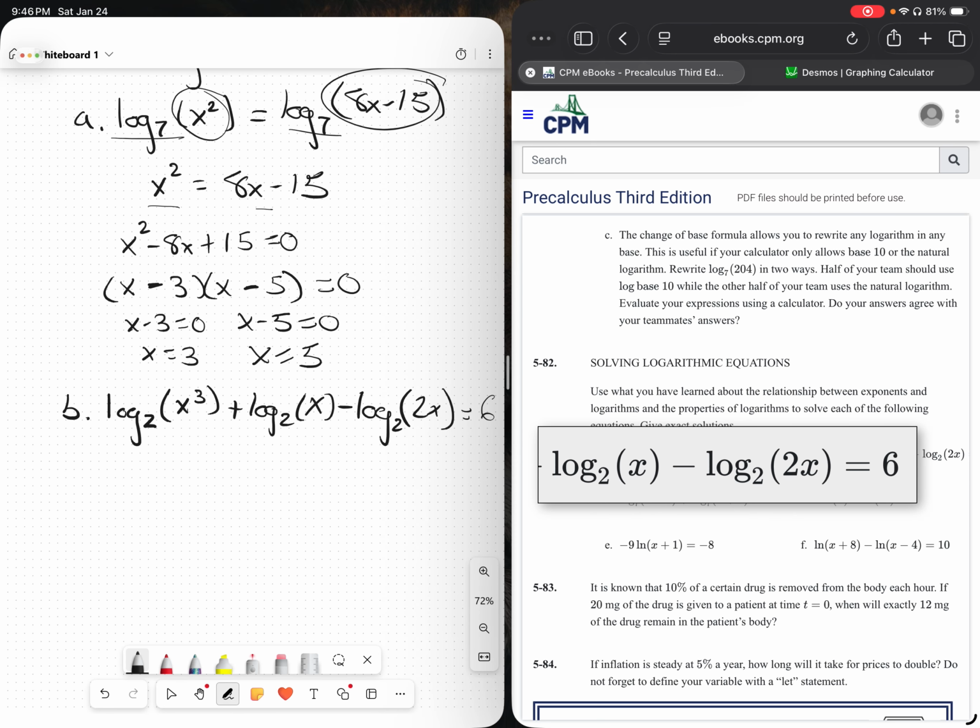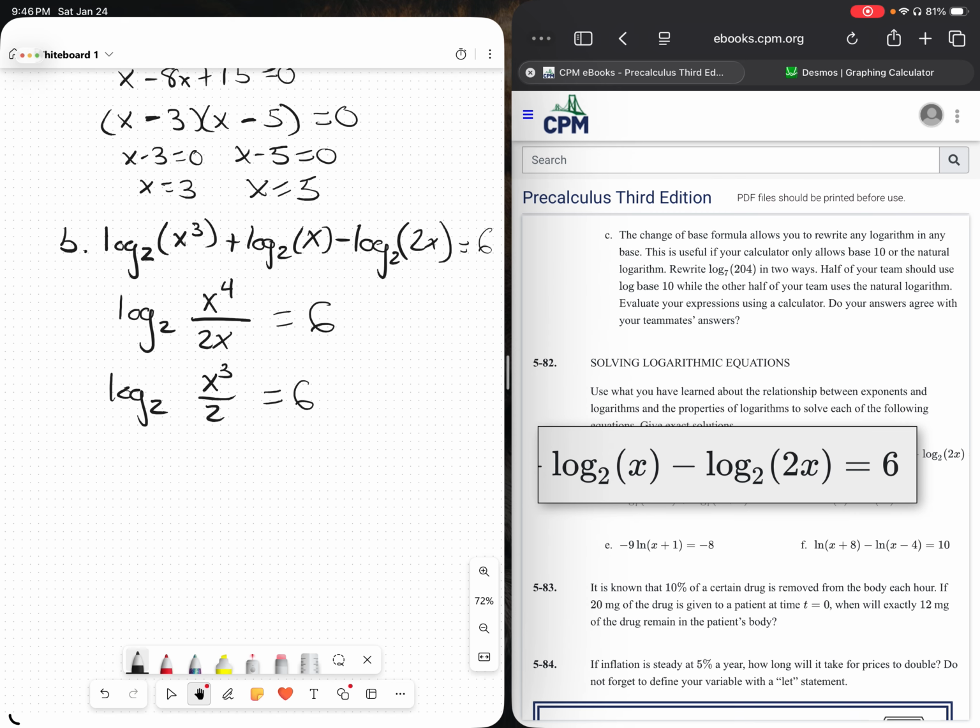So all these are the same base, so we can put these together. Log base 2 of x cubed times x is x to the fourth, and they're dividing by 2x. So this is actually going to be log base 2 of x to the third over 2 equals 6.